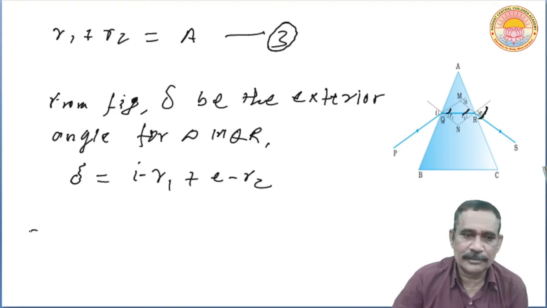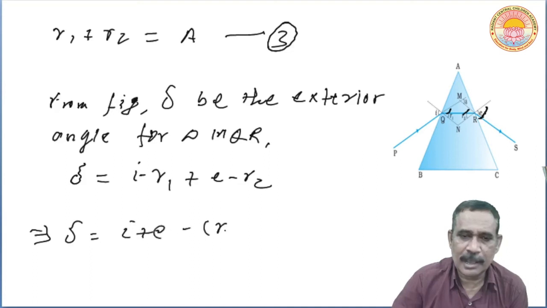So delta equals I plus E minus R1 plus R2.